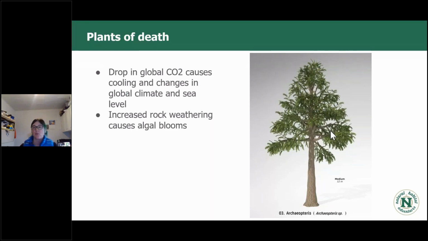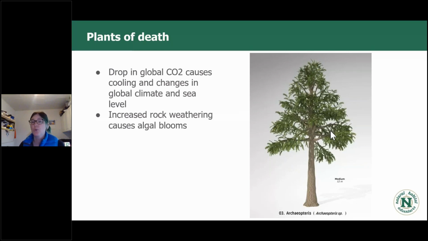So we didn't have any reserves of wood. We didn't have plants growing over every surface of the earth. What plants are good at is a few things, but one of those is taking in carbon dioxide from the atmosphere, locking it up in their plant tissues, and then releasing oxygen as part of photosynthesis.